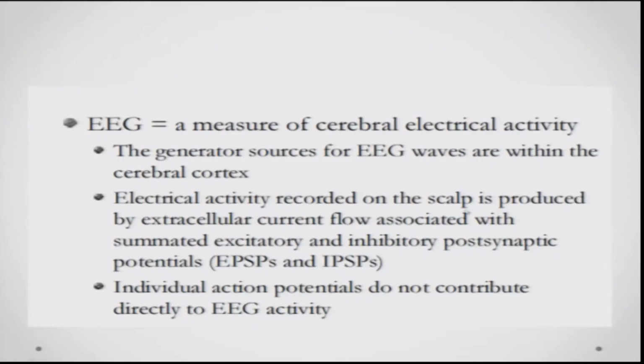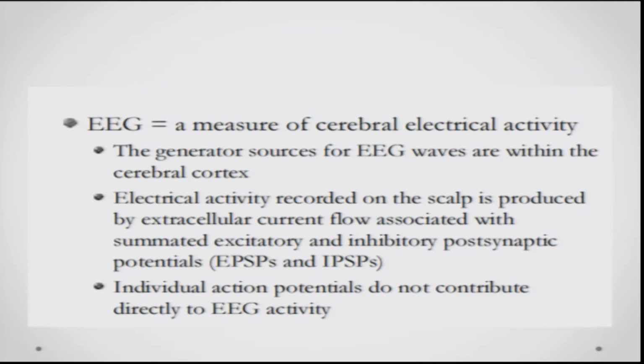So, this is recorded on the scalp by extracellular current flow. Now remember your EPSP, excitatory postsynaptic potential, and inhibitory postsynaptic potential. But because we are recording on the scalp, individual neuronal activity does not contribute directly.